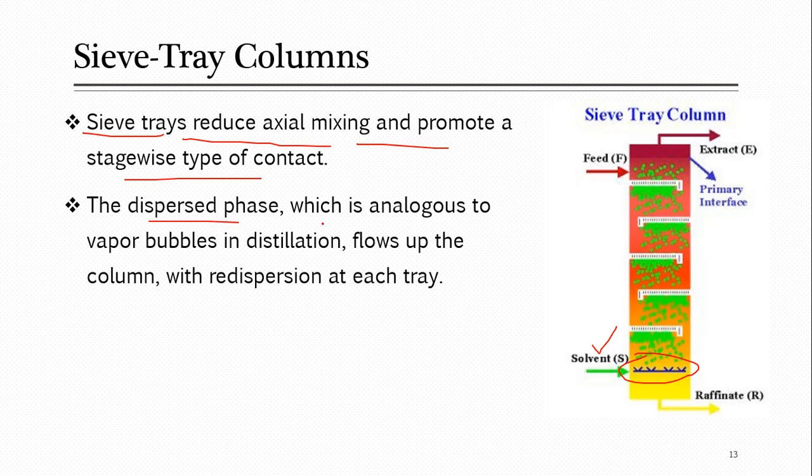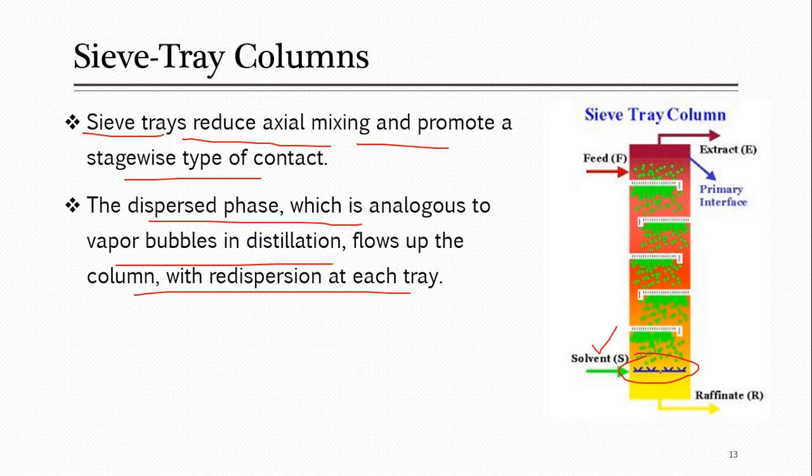The disperse phase here is analogous to the vapor bubbles in distillation, flowing up the column with redispersion on each tray. You remember from distillation as well as from absorption, that vapor moves towards the top of the column, and comes in contact with the liquid on the surface of the plate. So same here, our disperse phase is entering from the bottom in this case.